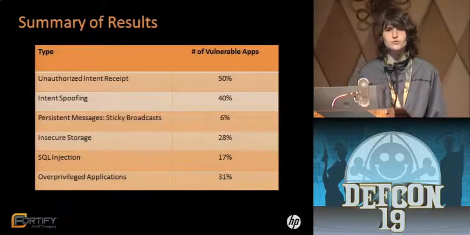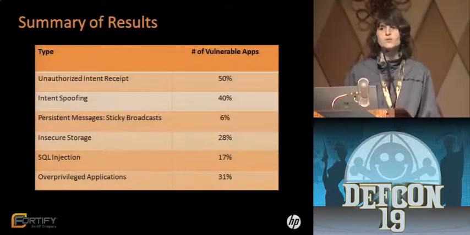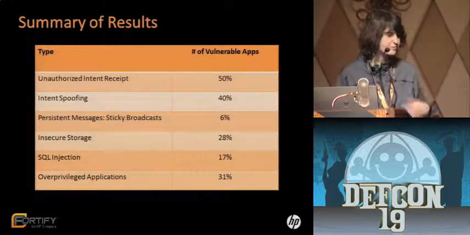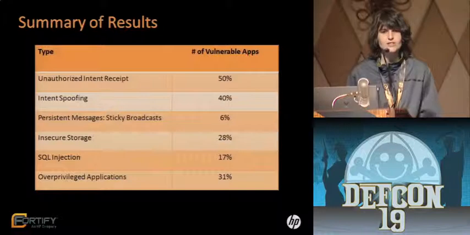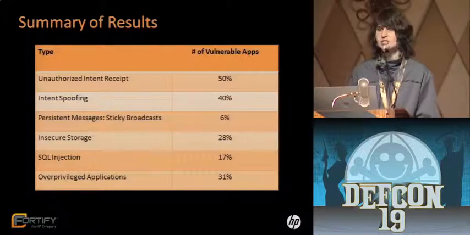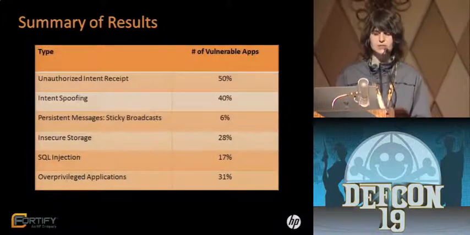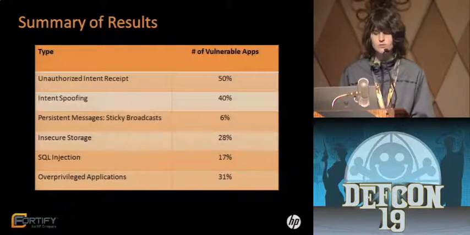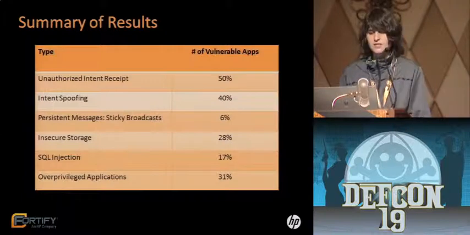So we looked at a bunch of different applications, we scanned them with many different tools, because we have several tools that we use, and we did some manual investigation. You can see that, for example, unauthorized intent receipts happen in 50% of applications that we've looked at. Intent spoofing happens in 40% of applications.